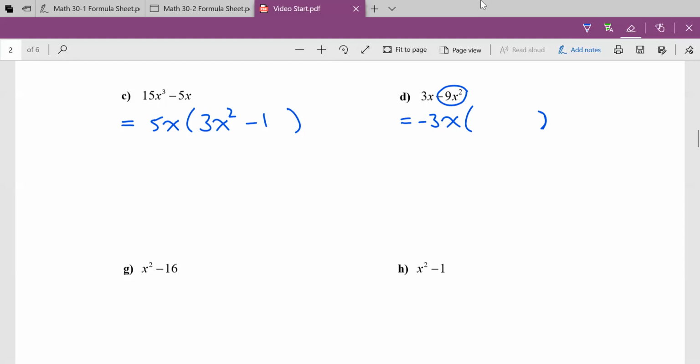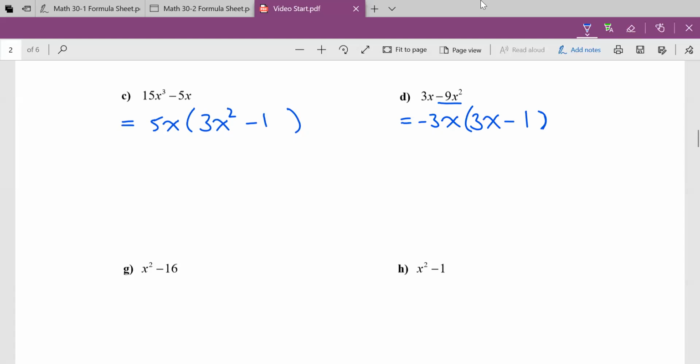So to rectify that, I'm going to make it positive by factoring out a negative 3. Negative 9 divided by negative 3 is now positive 3. x squared divided by x is x. 3x divided by minus 3x is minus 1. So this is called making my lead coefficient positive. That'll be an important skill.